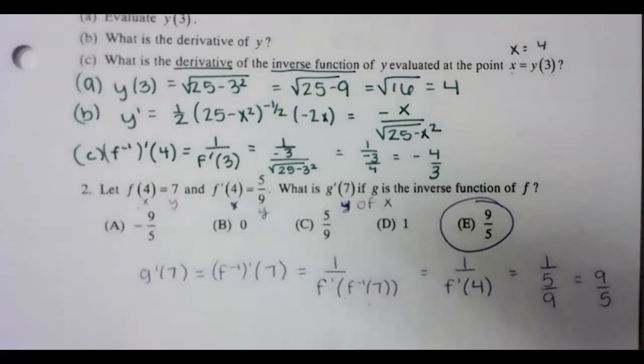For part B, you got negative x over the square root of 25 minus x squared. And then for part C, you got negative 4/3.